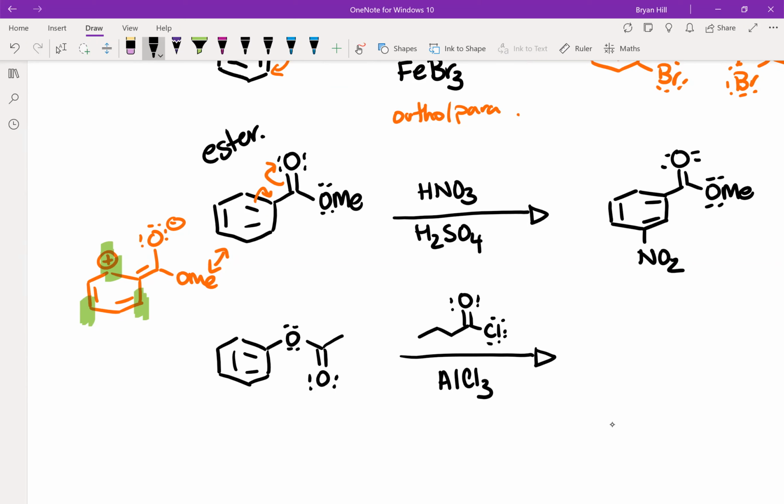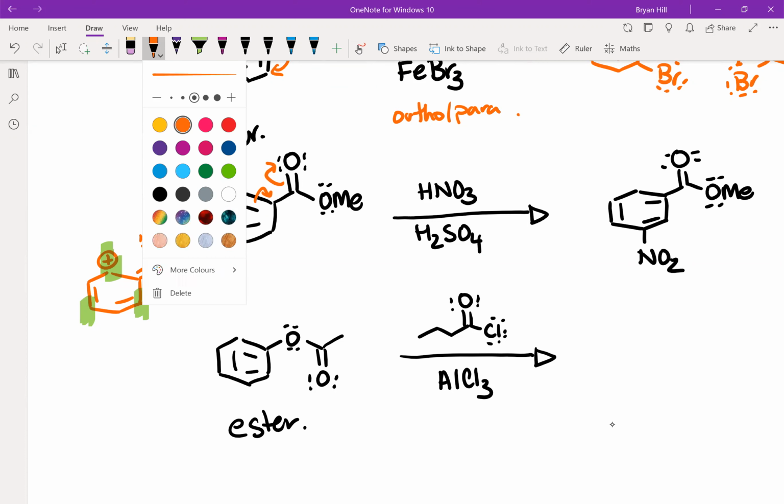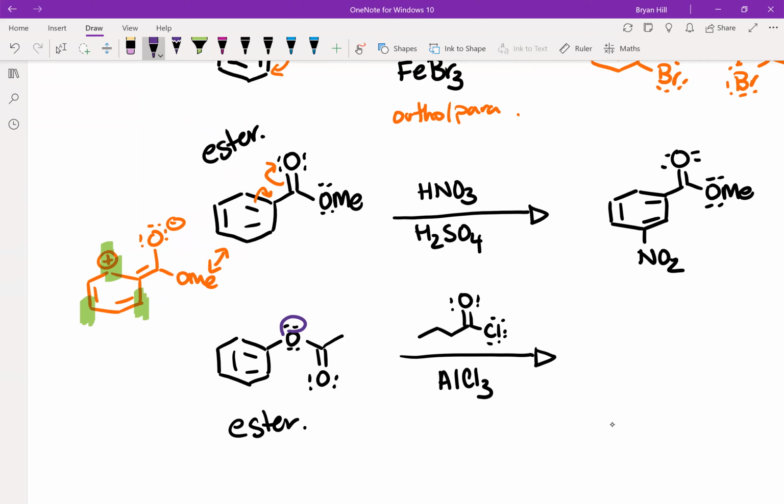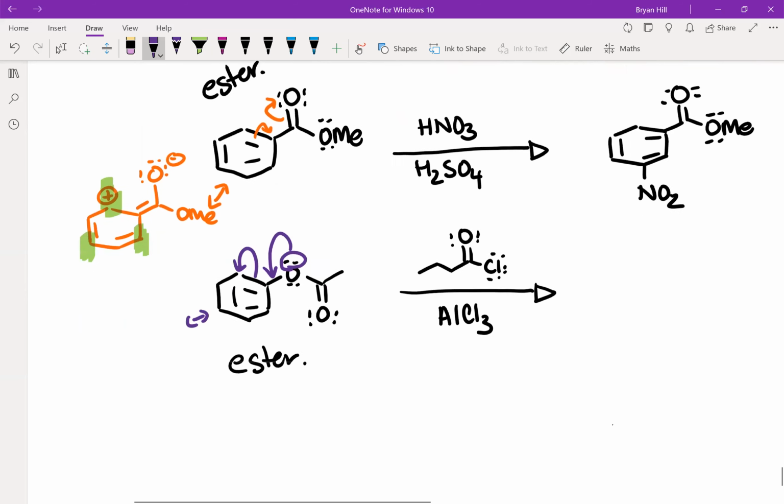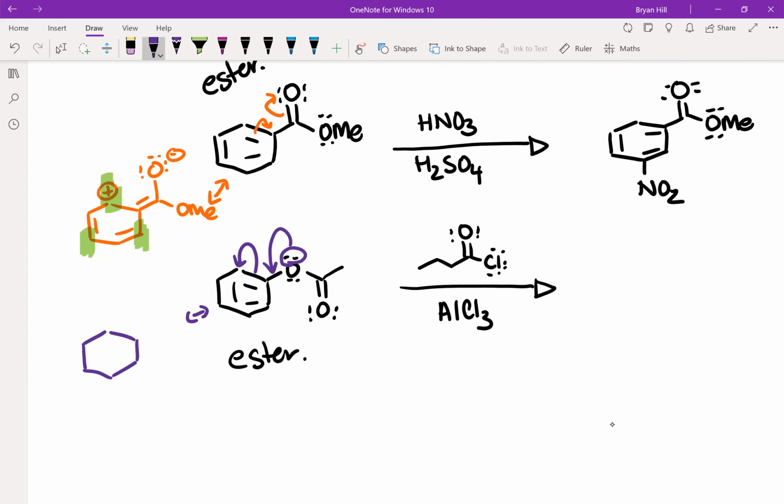Now, it's funny, the second reaction is also an ester, right? But we've changed the connectivity of how it's bonded to the ring. So in the bottom example, and we'll use purple, here the lone pairs can donate electron density into the ring. So we will have a negative charge in the ortho position.